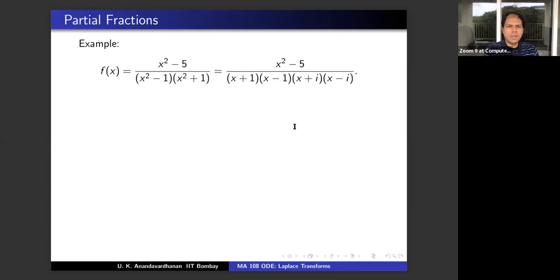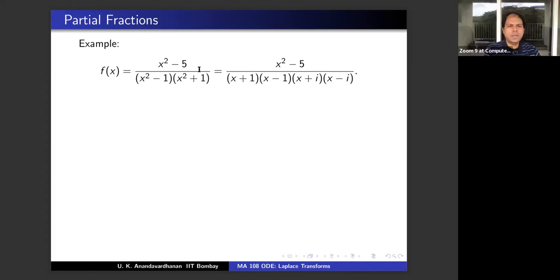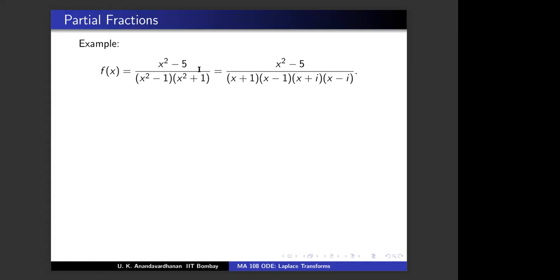Here is an example. If you have such a thing, what will be your first method? You will write it as partial fractions. How will you write it? A by x plus 1 plus b by x minus 1 plus cx plus d by x square plus 1.